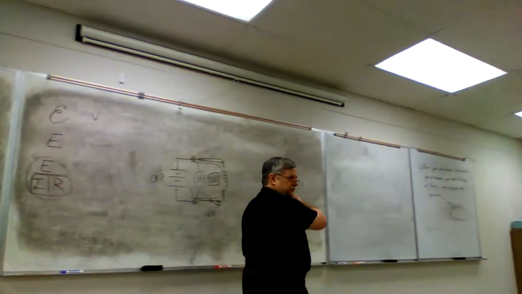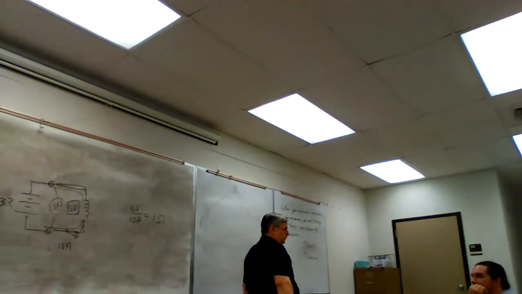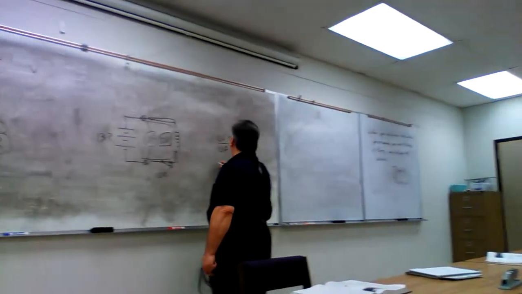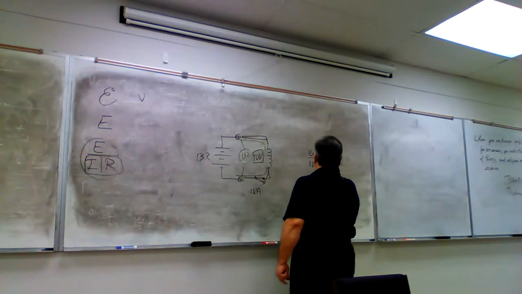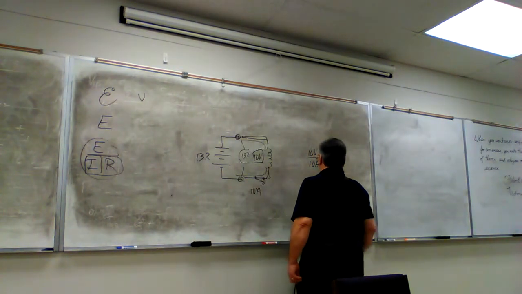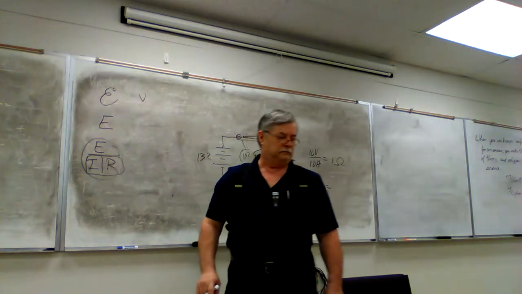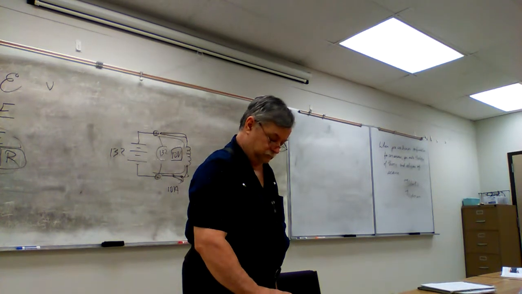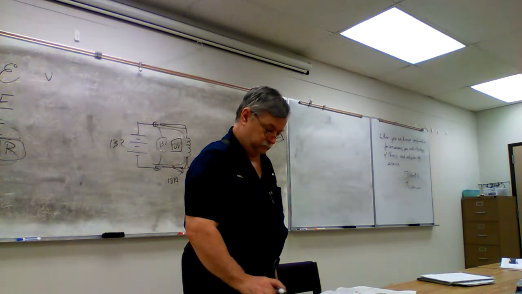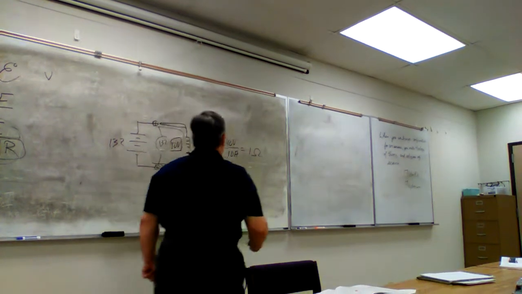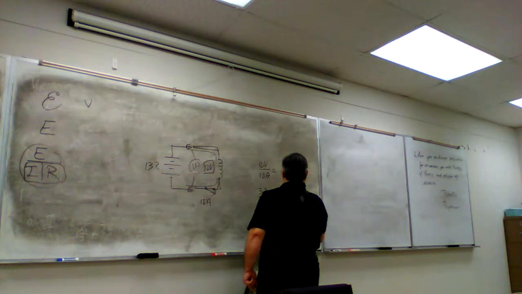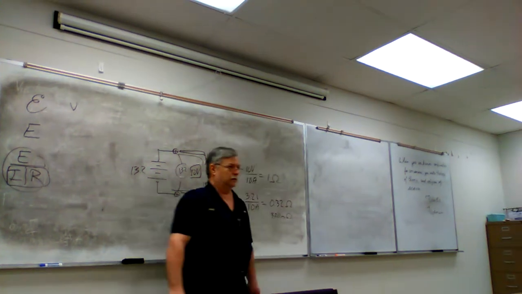But that still begs the question, where did that other 3.2 volts go? 3.2 volts divided by 10 amps equals how many ohms? There are 320 milliohms of resistance somewhere.